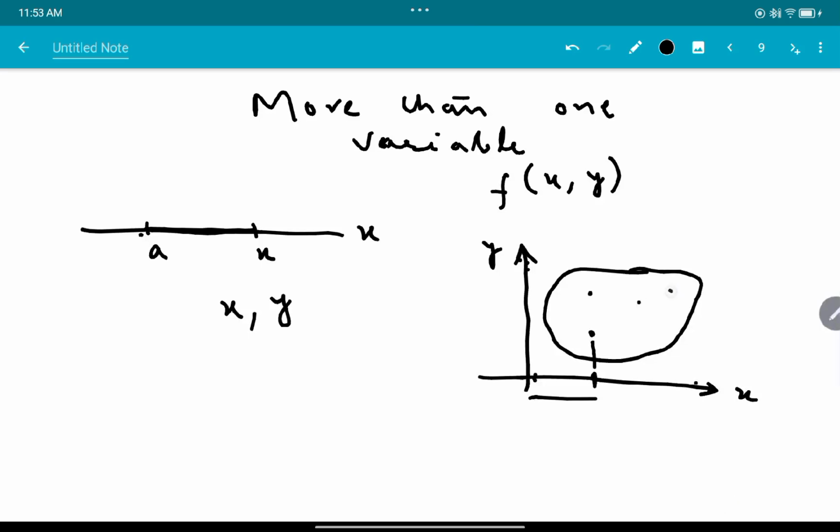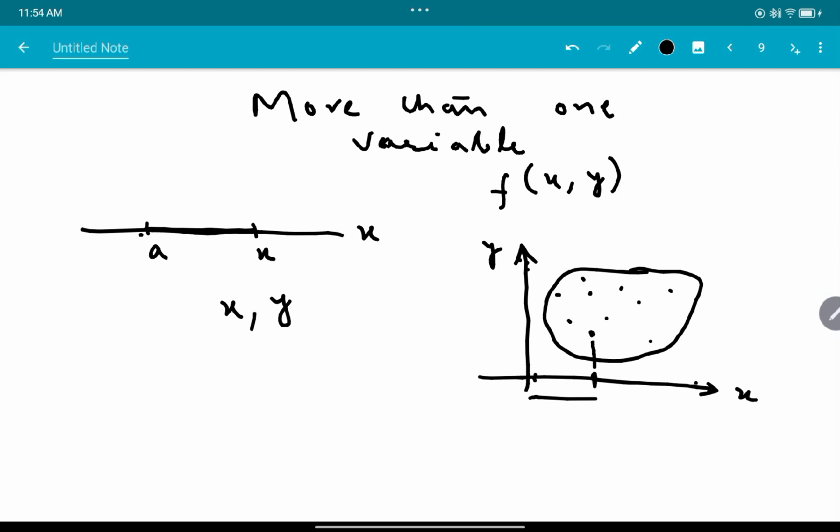Similarly for other points. All points on that x line had just one coordinate, that is the x coordinate.